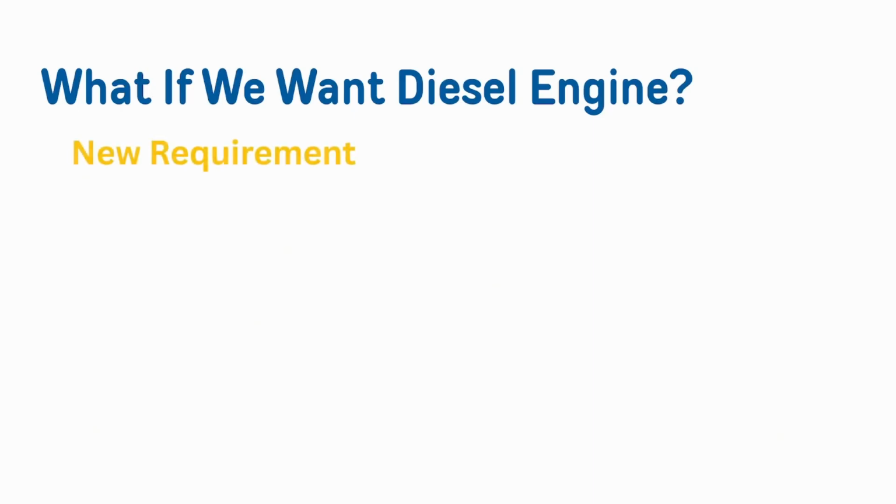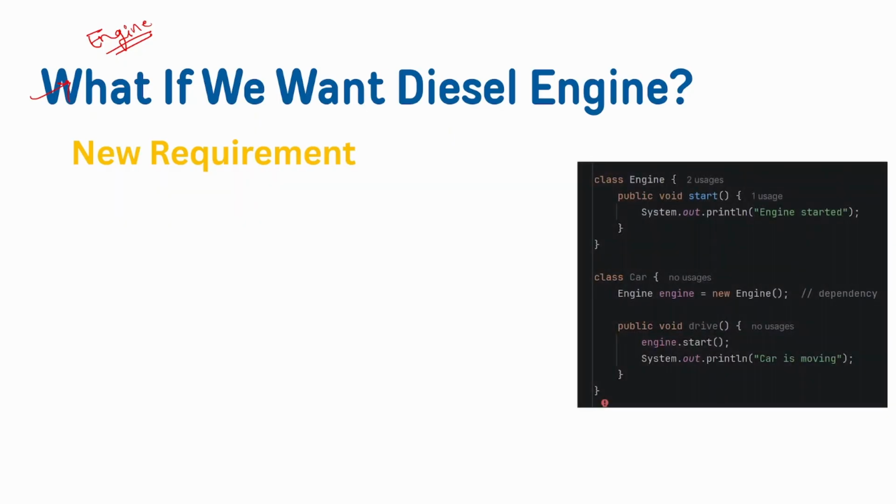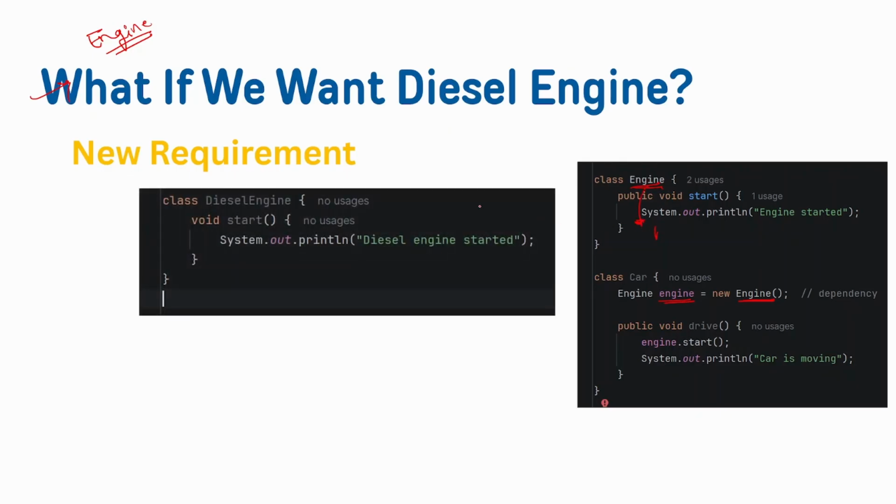First, what happens if we want a diesel engine? Let's see with the help of an example why there is an issue with tight coupling. Earlier we had an engine class, now we want a diesel engine, or a petrol engine.